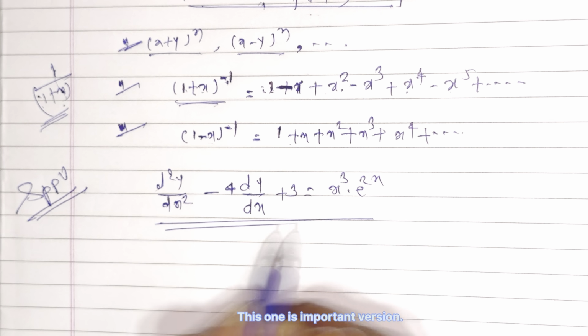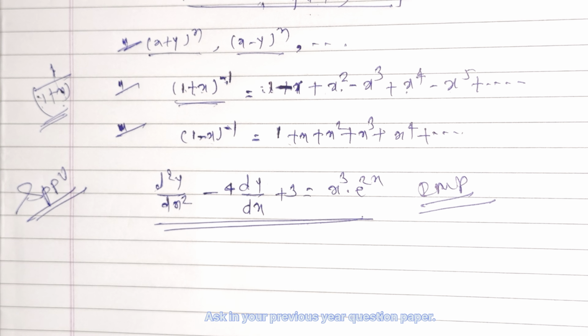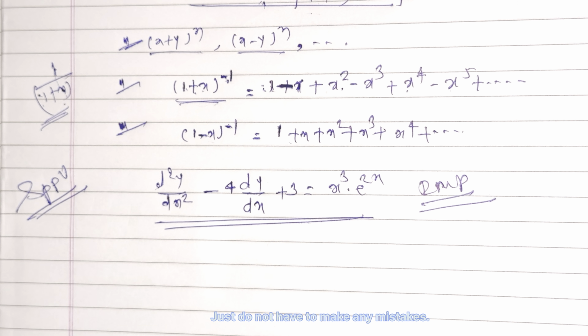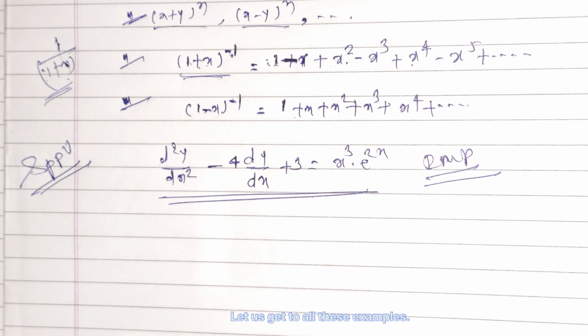This one is an important question asked in your previous year question paper. You need to be very careful about such examples. These are very easy examples, just don't make any mistakes. Let's get to solving this example.